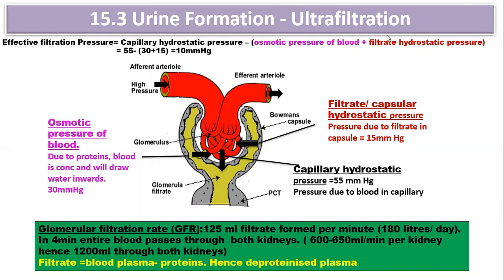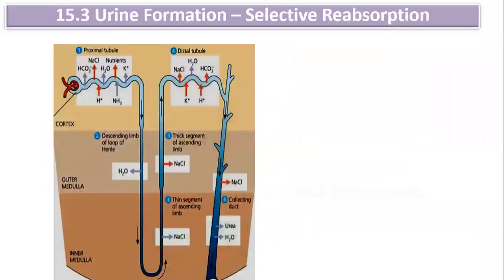The next part that we are going to discuss is selective reabsorption. That is the next step after ultrafiltration. As we know, in ultrafiltration we get primary urine, which is also called deproteinized plasma or glomerular filtrate. Now that glomerular filtrate contains all the vital substances.